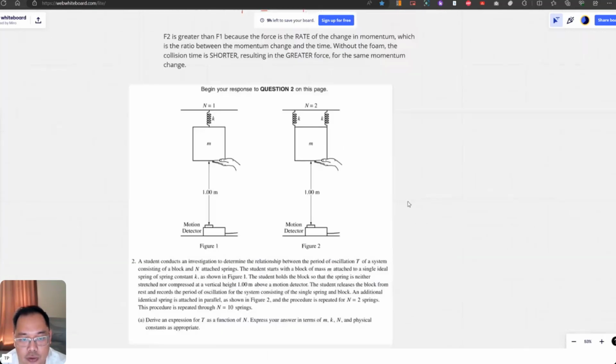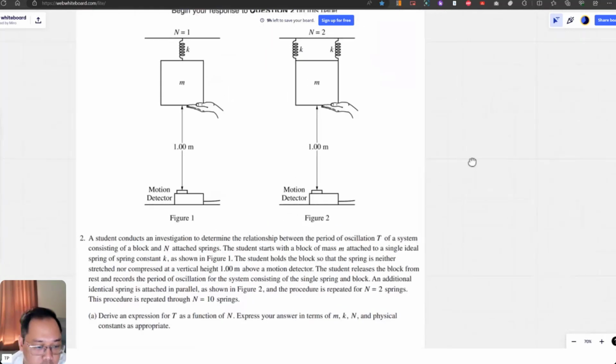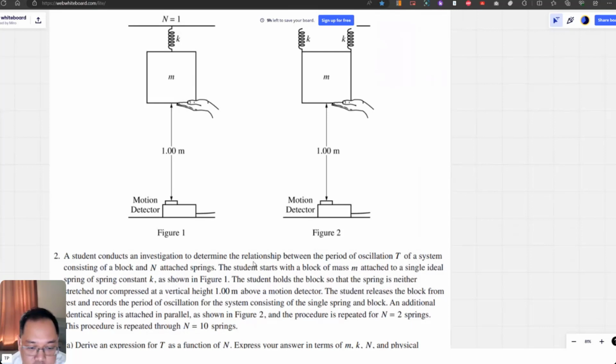Okay, let's read the problem. The student conducts an investigation to determine the relationship between the period of oscillation T of a system consisting of a block and n attached springs, n equal 1, meaning 1 spring.